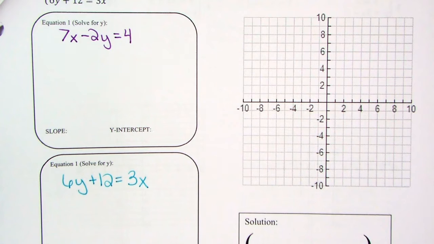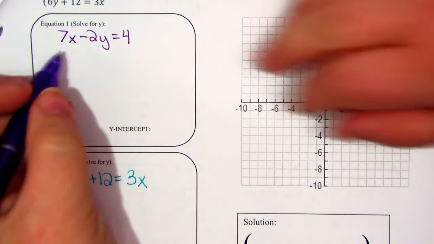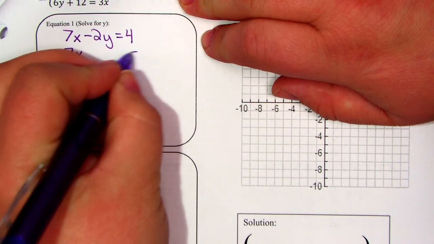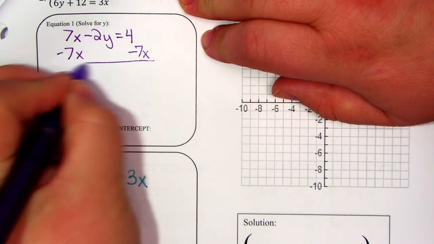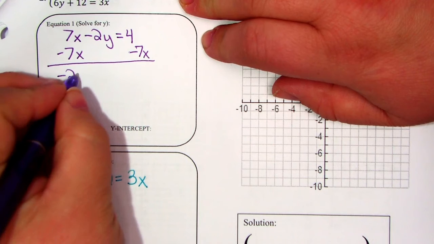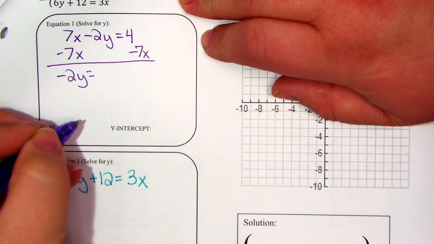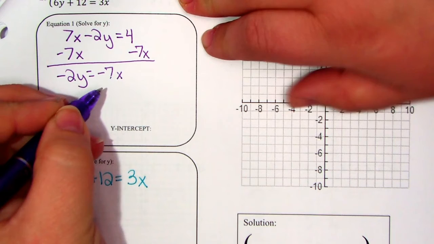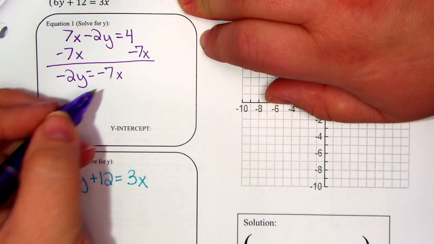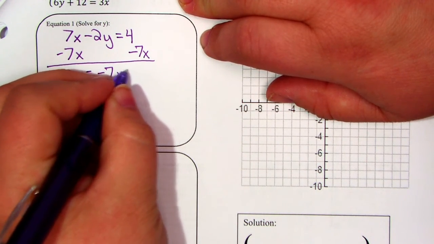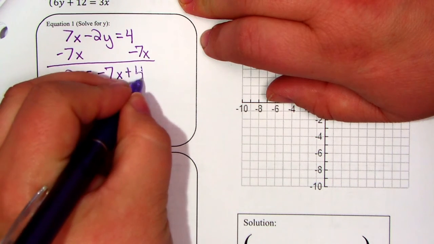We need to get y by itself. So in the purple equation, that means subtracting 7x from both sides. That leaves me with negative 2y equals negative 7x plus 4.